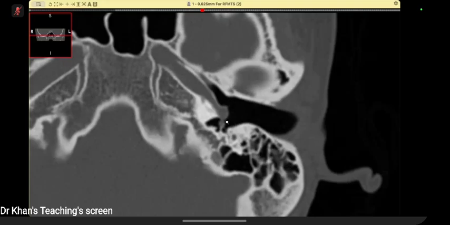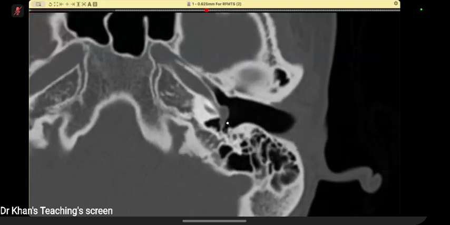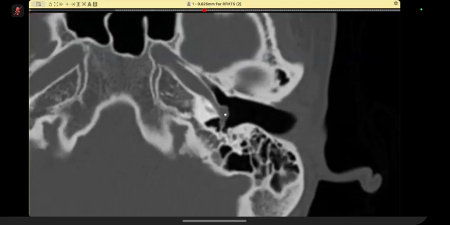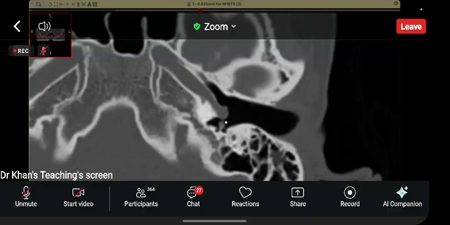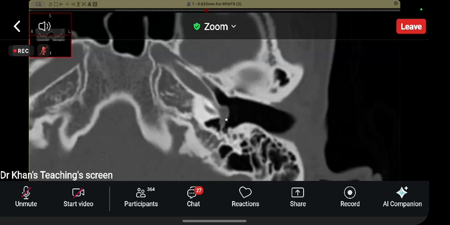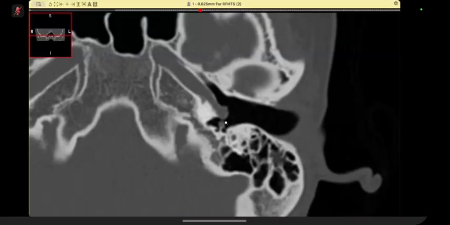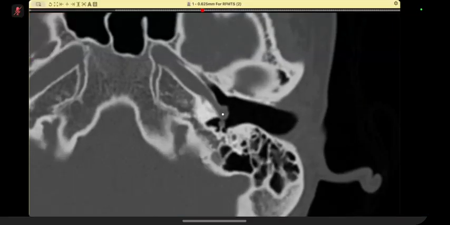Usually when a fetus is developing, there is an artery which has got this configuration, and after birth, it is all obliterated. In this case, there is a persistent stapedial artery, but more importantly, there is an aberrant internal carotid artery.